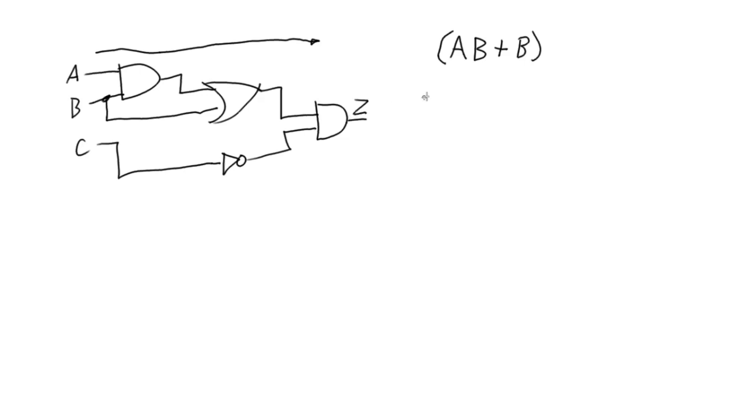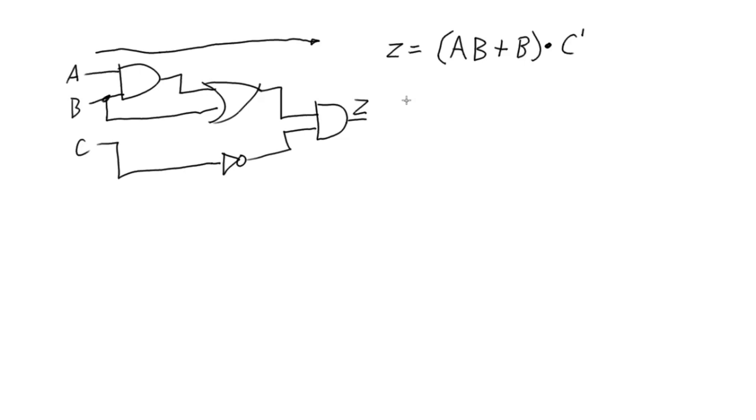That whole thing gets ANDed with C naught. So that's, I'll say, Z equals. I put the Z equals on there, but really we're just working with the expression part, because this can be reduced and it's just representing our output.